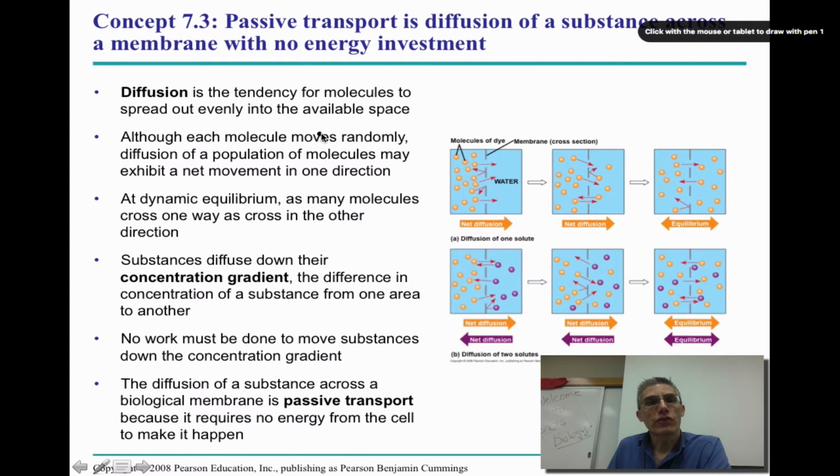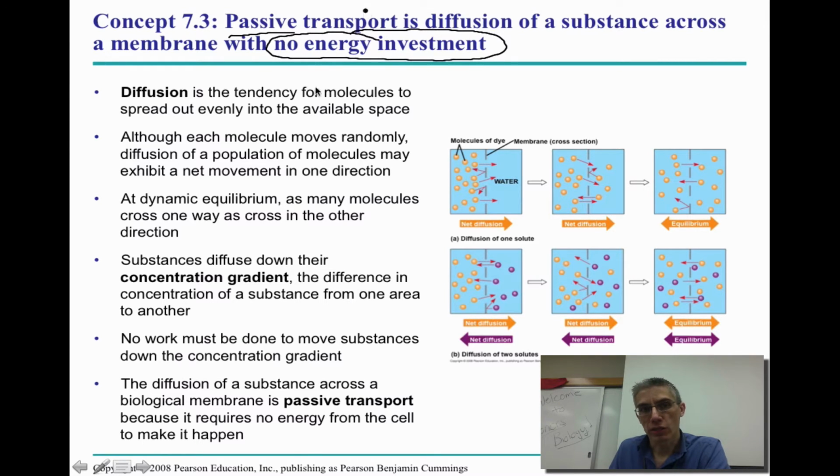Now, when you talk about the cell membrane, we need to talk about different types of transport of those molecules across the membrane. The first one we look at is something called a passive type of transport. So we're going to be transporting materials across the membrane, but there is going to be absolutely no energy investment in this process.